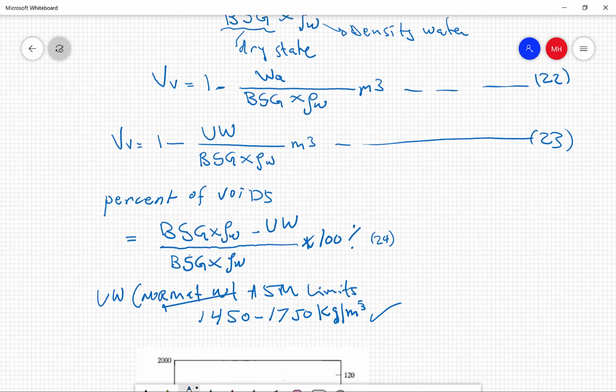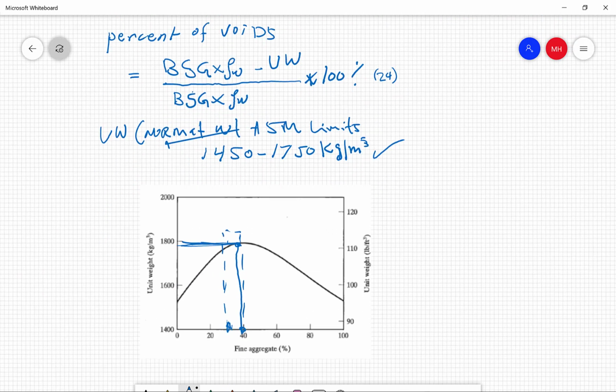It can be deduced that the maximum corresponds to a minimum percentage of void space that must be filled with paste. Assuming, of course, the bulk specific gravities for both aggregates is the same, which is basically a good approximation though for fine and coarse aggregate, okay?